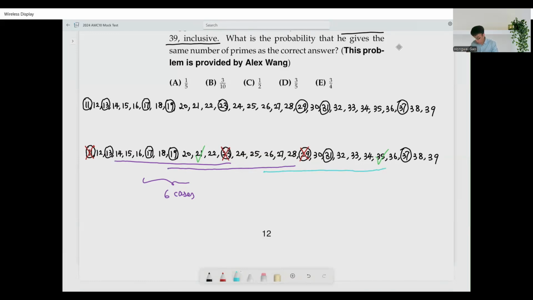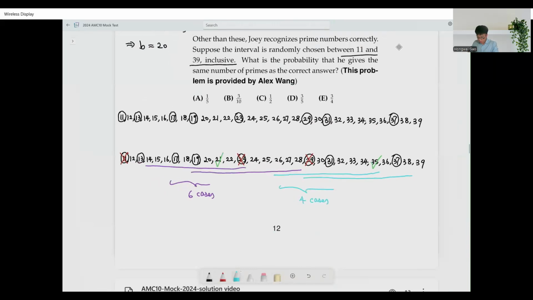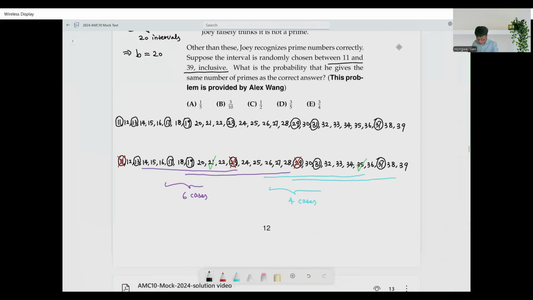And we keep shifting the interval forward. Finally, in order to still keep 29, the largest interval is from 29 to 38. If we move forward, we don't have 29 anymore. So in this case, we have 4 such intervals. In total, there are 10 such intervals.